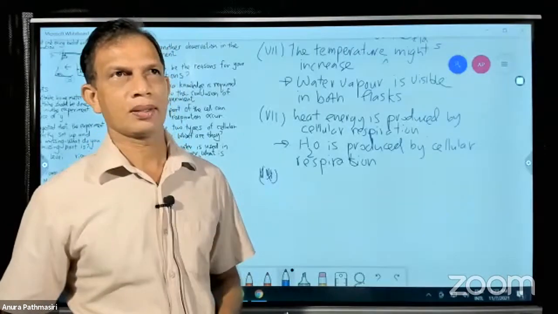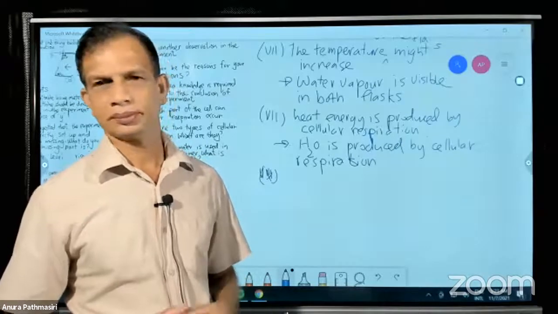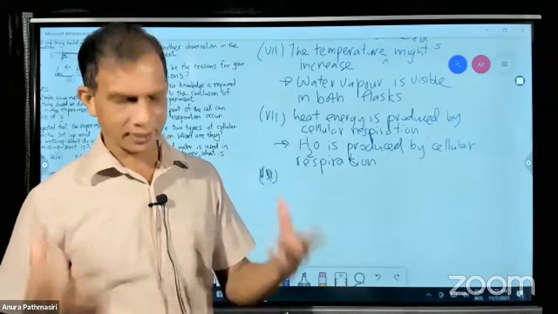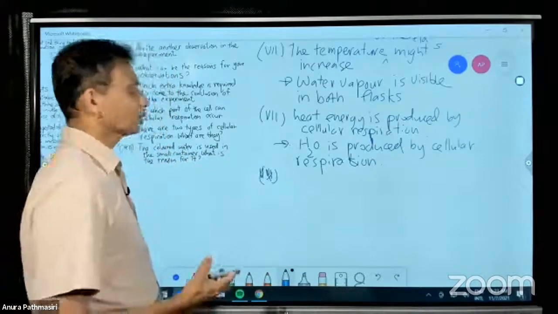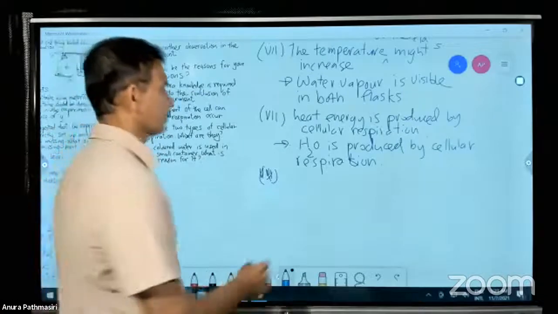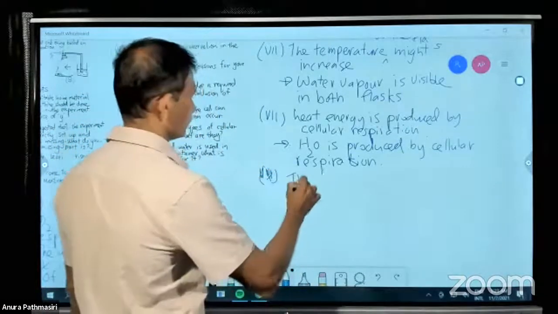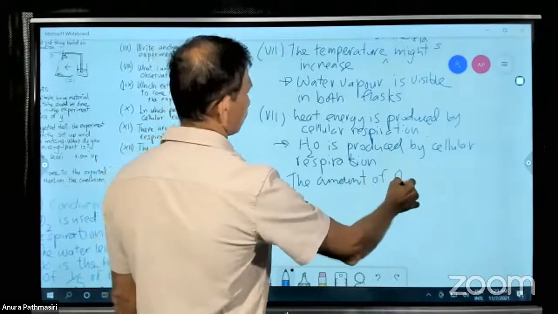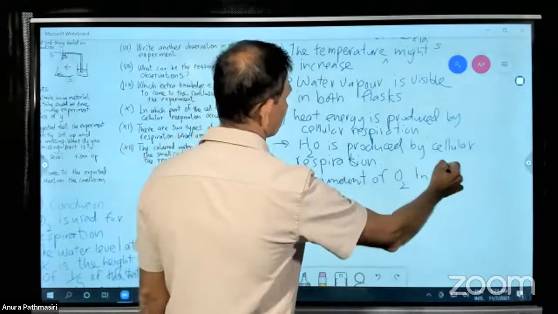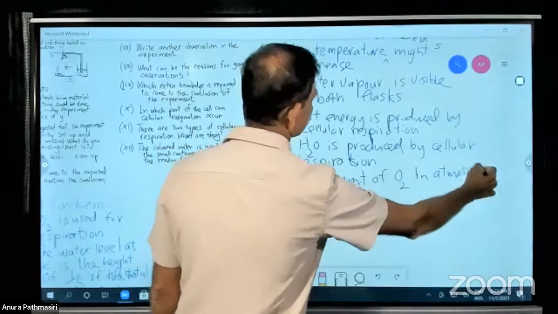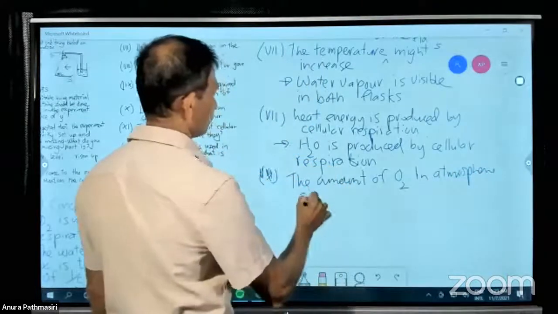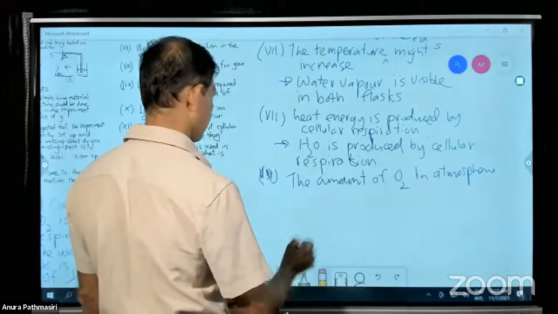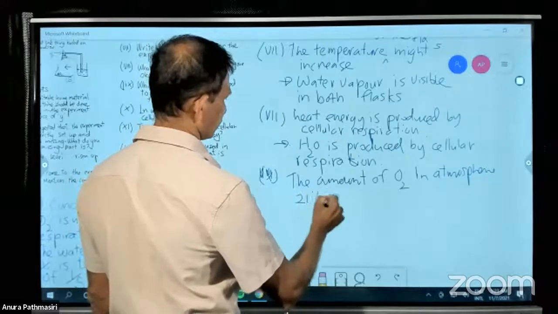Identification of what? Amount of oxygen in the environment. Exactly, yes. The amount of oxygen available in the atmosphere is 21%.